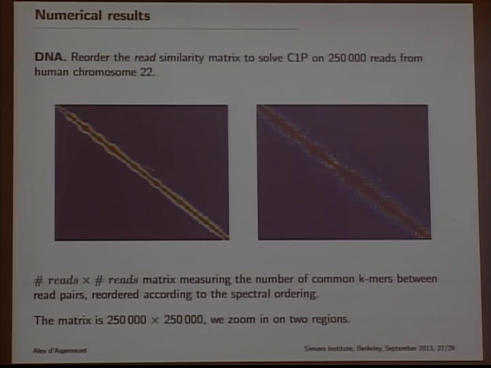And you see that some sections are perfectly assembled because, if you look at the corresponding overlap matrix, it has the R property. And then for other sections, there are issues coming from, for example, some parts of the sequence being repeated and so on. Okay? So this is a zoom on 2 regions because the matrix is 250K by 250K.